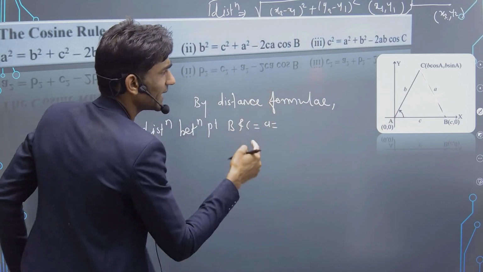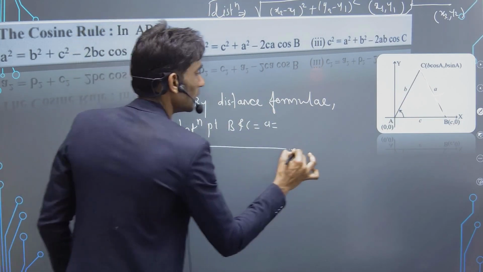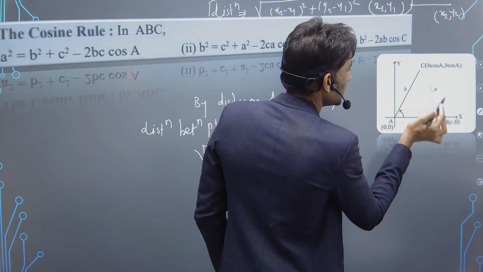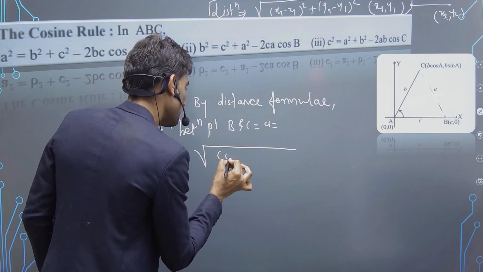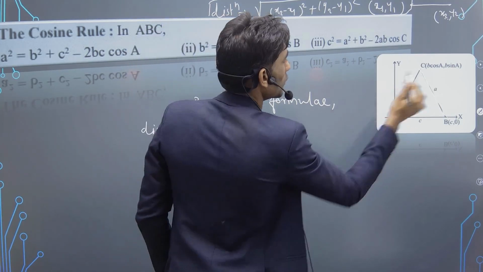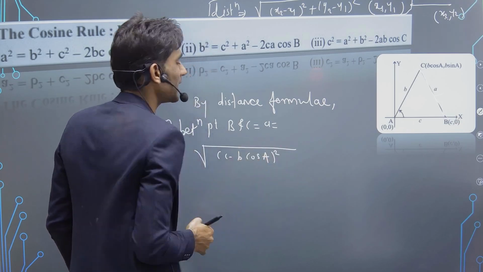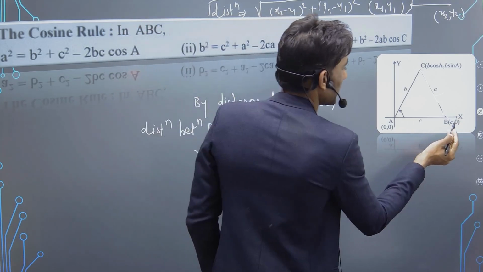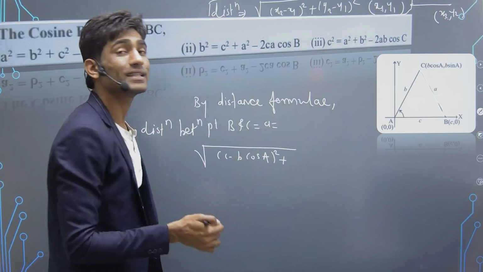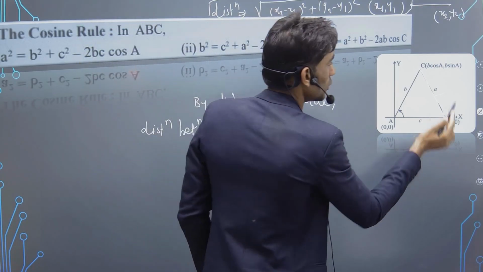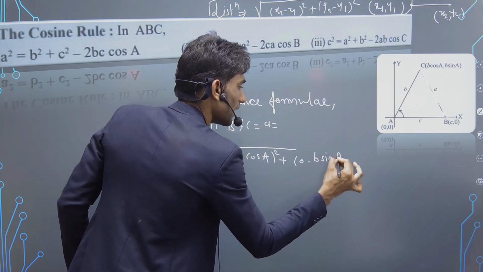So we get, under the square root, C minus B cos A, bracket square, plus, between them we have a positive sign, be careful about the sign, 0 minus B sin A, bracket square.